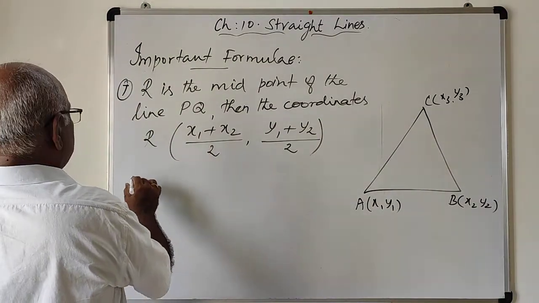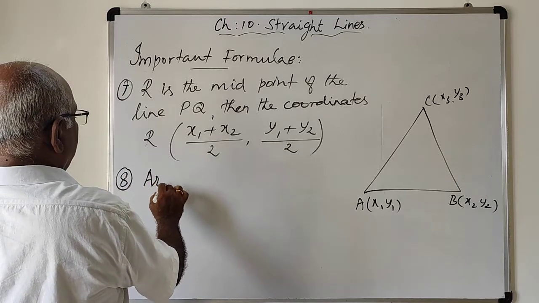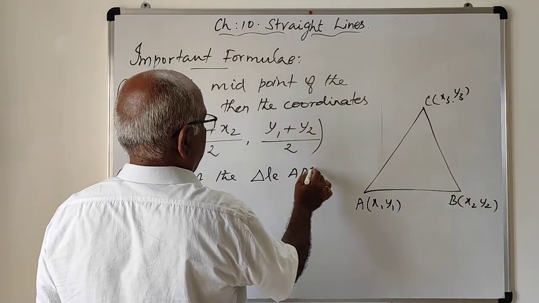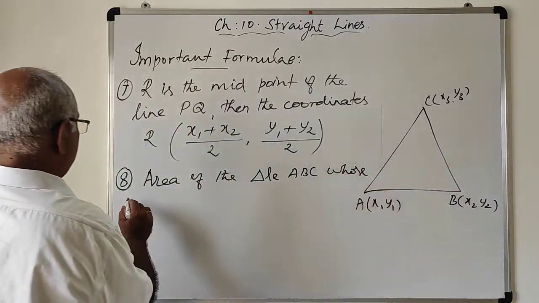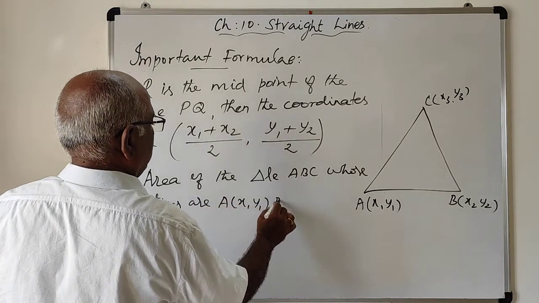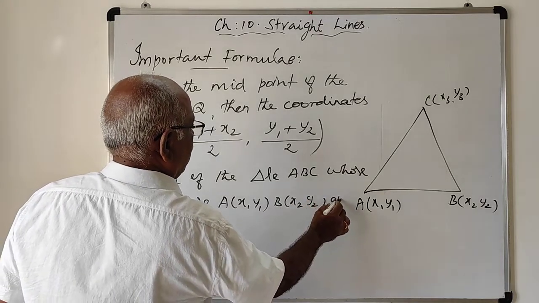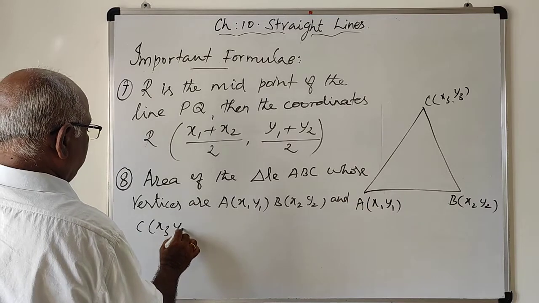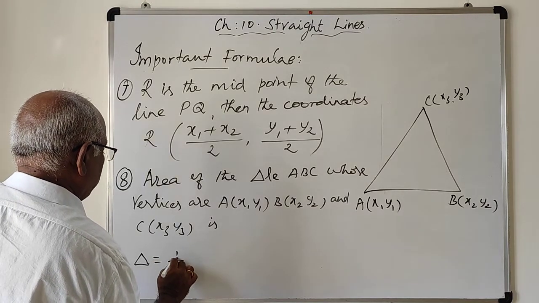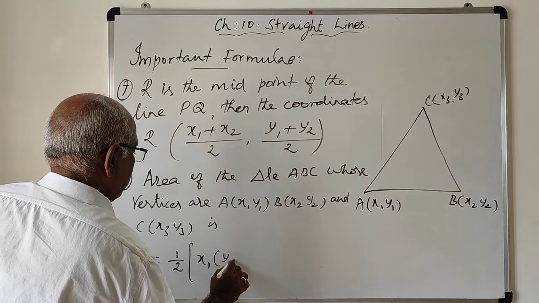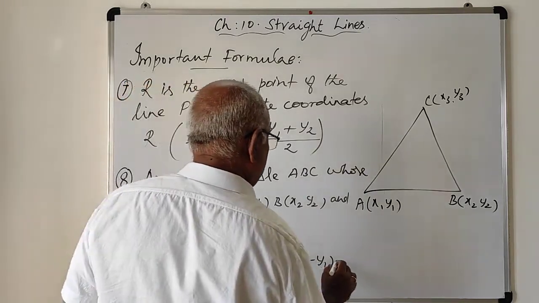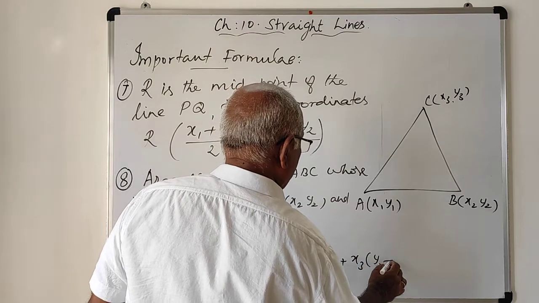Area of the triangle ABC whose vertices are A (x1, y1), B (x2, y2) and C (x3, y3) is given by, area is given by delta, I can call, 1 by 2 into x1 into (y2 minus y3) plus x2 into (y3 minus y1) plus x3 into (y1 minus y2).